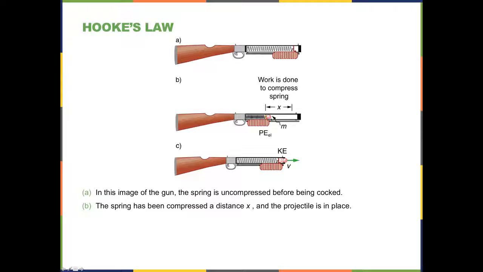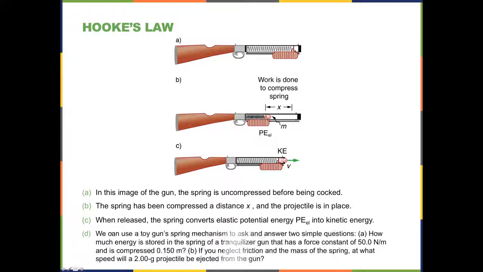You add the ball or the bullet, projectile, whatever you want to call it, and now there's nothing moving here, so all you have present is the potential energy. When you fire the gun, the potential energy is then converted into kinetic energy. So this elastic potential energy is converted to kinetic energy, and that is in the form of a velocity that this projectile will move in.